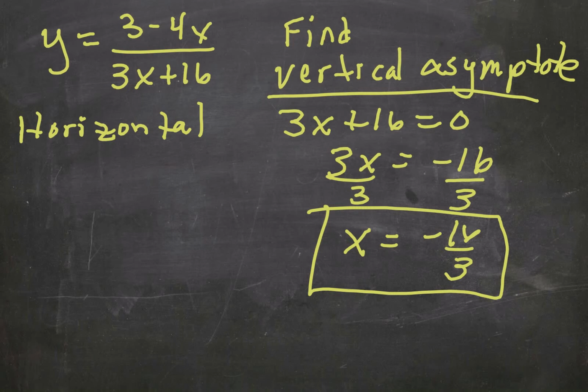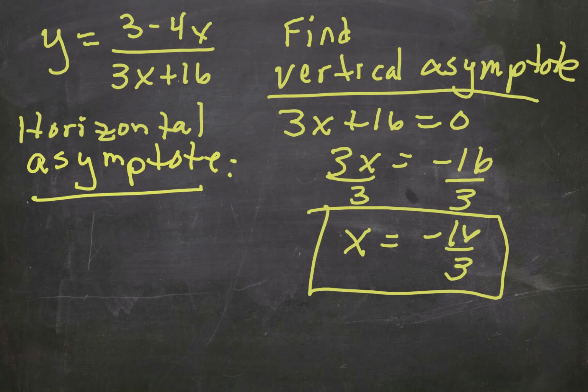Now there's several ways you can do this, and I'm going to share a little bit of a shortcut. Here's my denominator, here's my numerator. If the highest exponents are the same, which these are, we only have one variable, so we're only looking at to the first power.